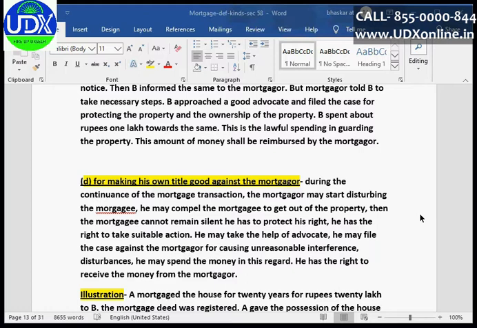But here, this point is slightly different. For making his own title good against the mortgager. You know, in our country, there are good people, honest people, and also there are the opposite, the bad people, the troublemakers.